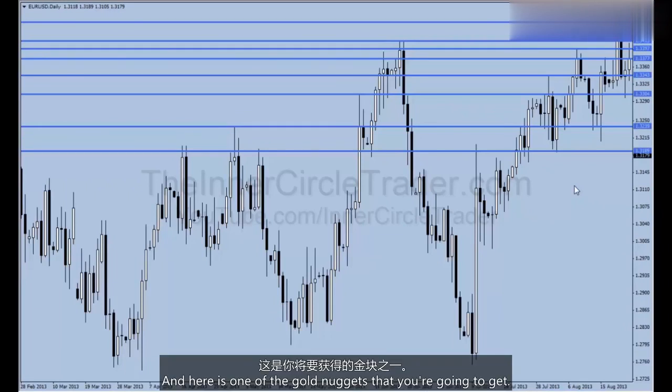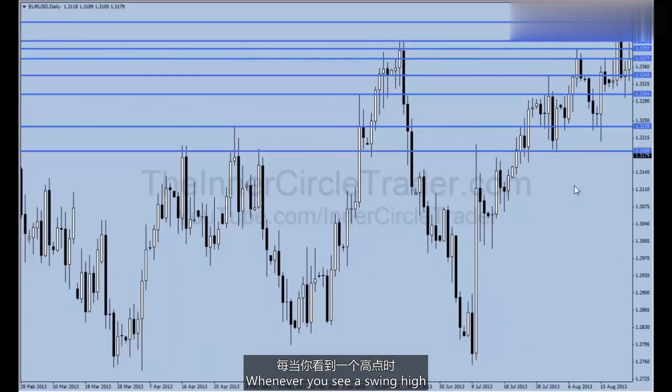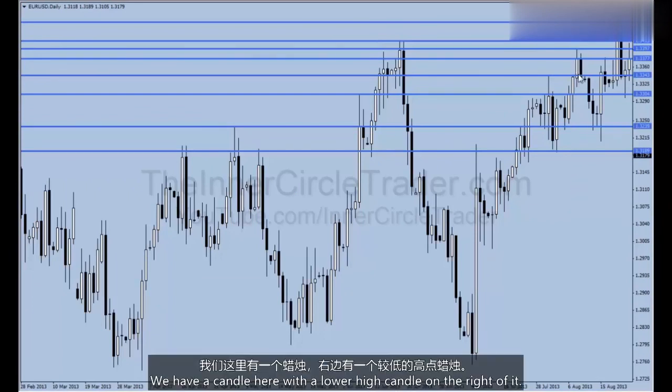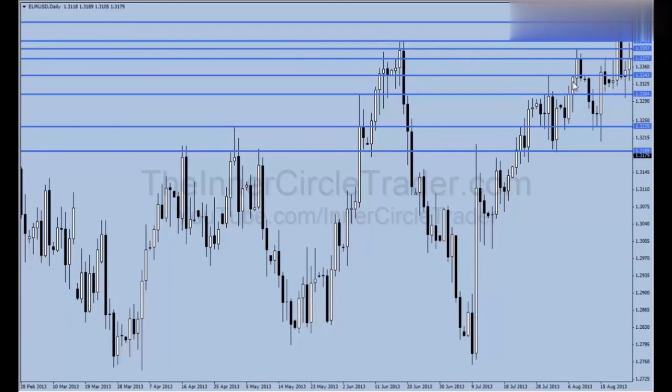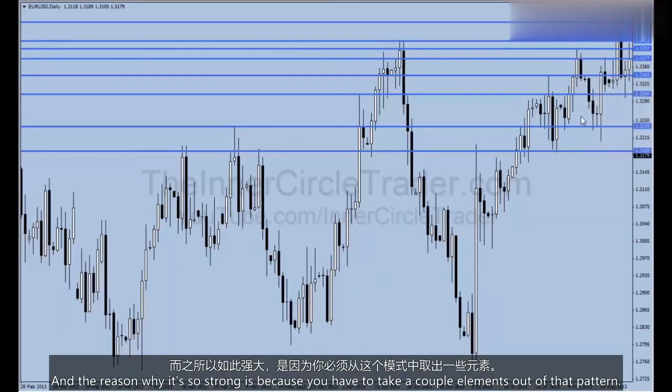Okay, and here is one of the gold nuggets that you're going to get. Okay, whenever you see a swing high, okay, a swing high like this, okay, we have a candle here with a lower high candle on the right of it and a lower high candle on the left of it. Okay, this pattern is very, very strong, and the reason why it's so strong is because you have to take a couple elements out of that pattern.